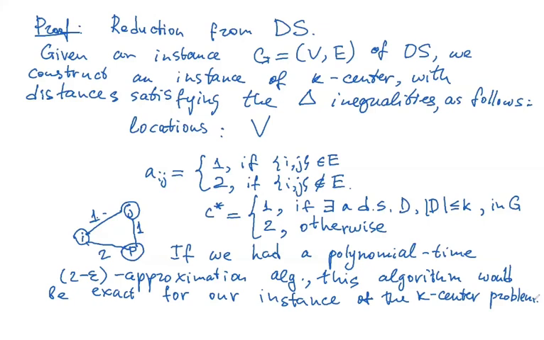So now what does it mean? This means that you would have a polynomial time algorithm that solves the dominating set problem.